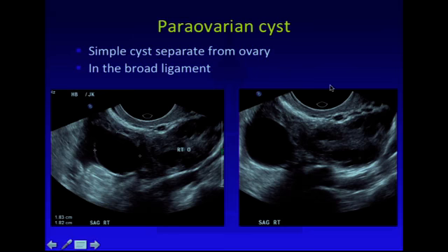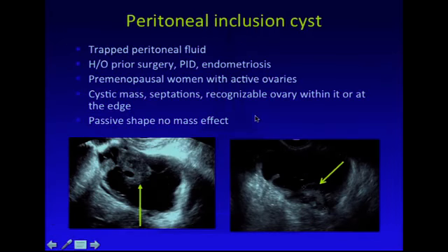Another benign lesion we can diagnose with confidence is a para-ovarian cyst, which will present as a separate, simple cyst separate from the ovary, usually in the broad ligament. These are congenital cysts. And then finally, the peritoneal inclusion cyst, we can at least strongly suggest a diagnosis. What happens in this patient is there's trapped peritoneal fluid in and around the ovaries because of adhesions in patients who have had prior surgery, pelvic inflammatory disease, or endometriosis.